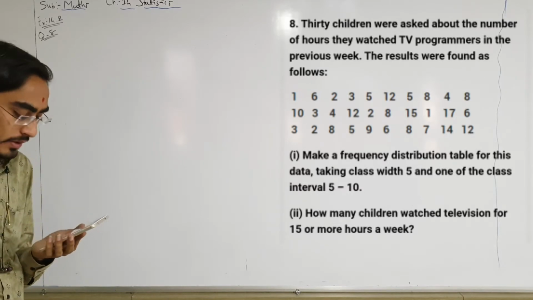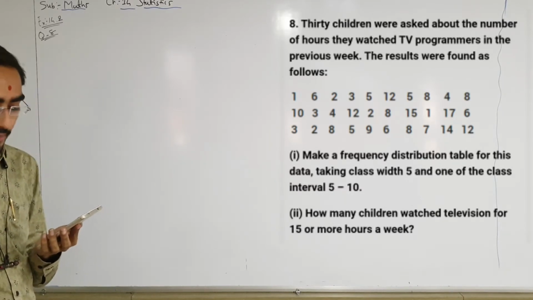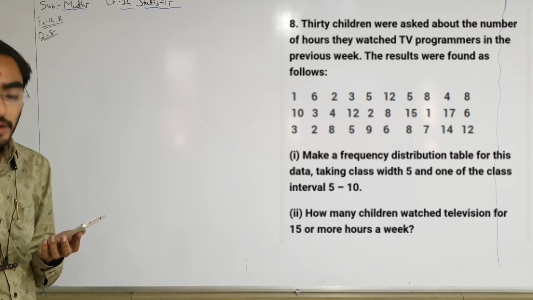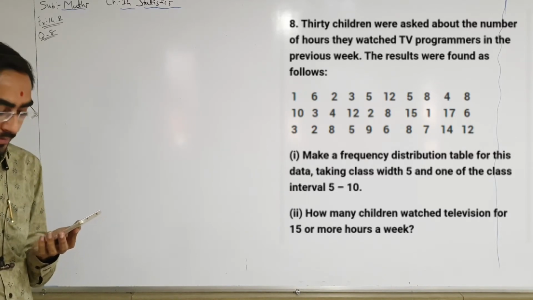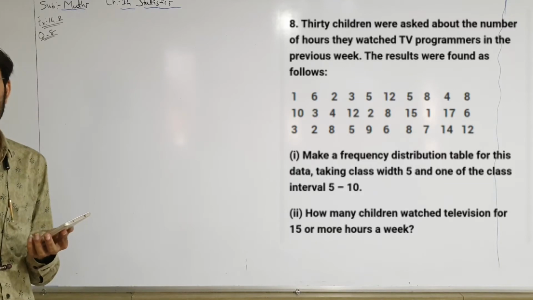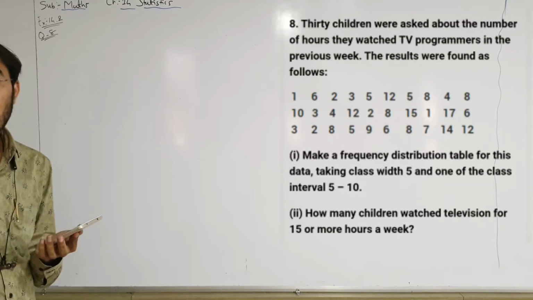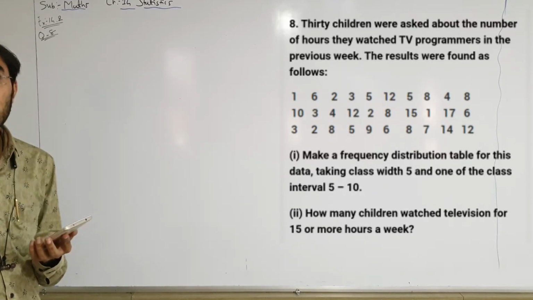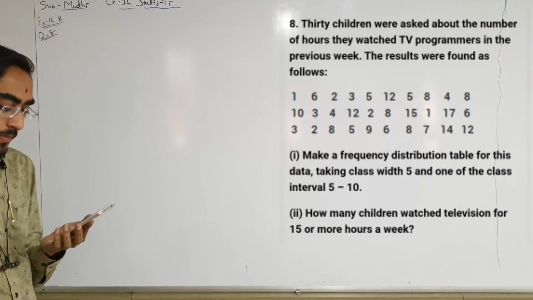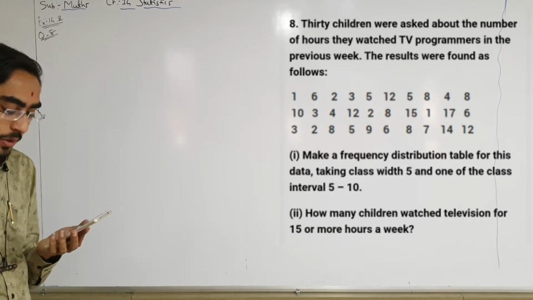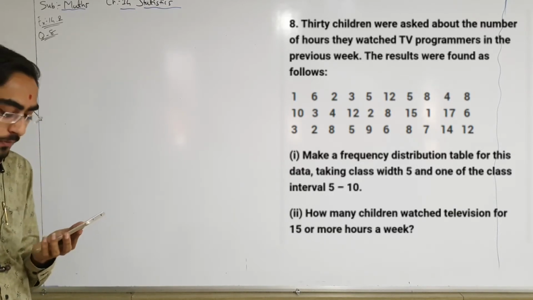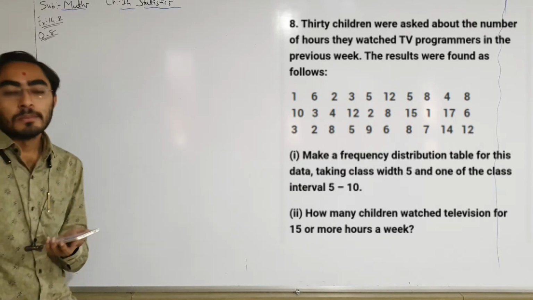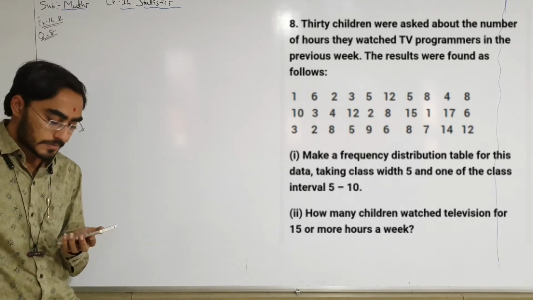Now the question is: make a frequency distribution table for this data taking class width 5 and one of the class intervals 5 to 10. And the second question is: how many children watch television for 15 or more hours a week?